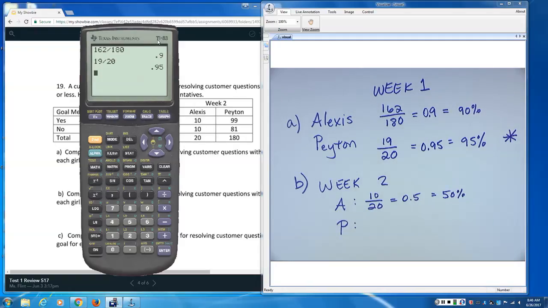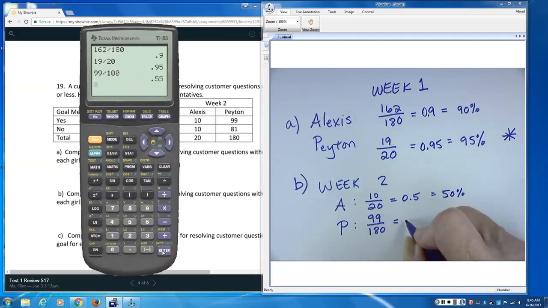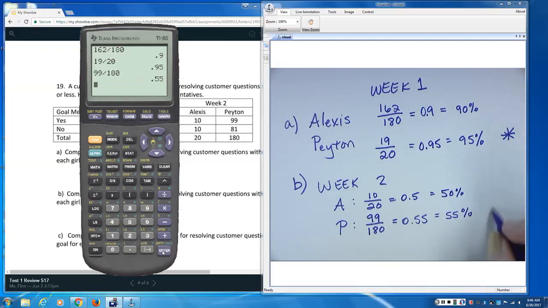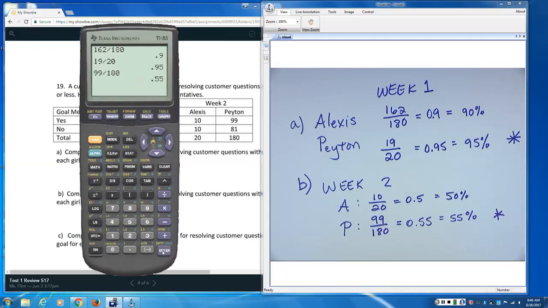Whereas Peyton got 99 out of 180. So she had 55%. So again, it appears that Peyton did better.